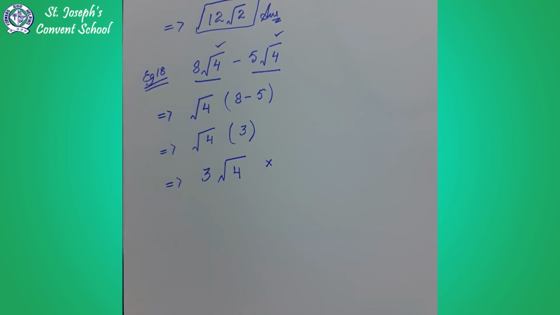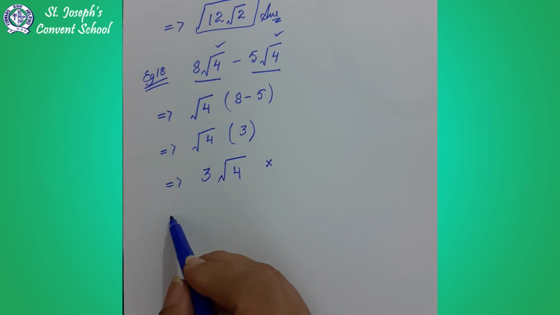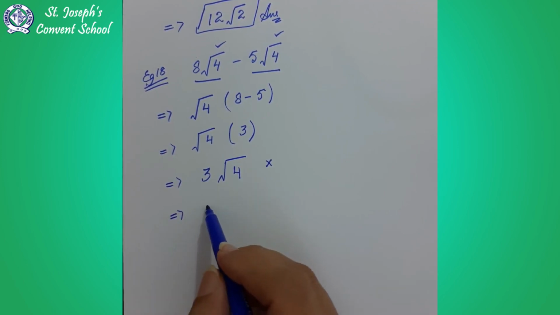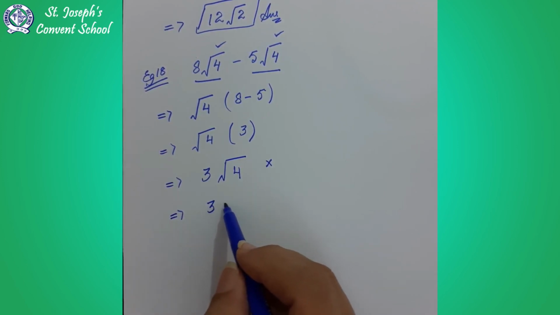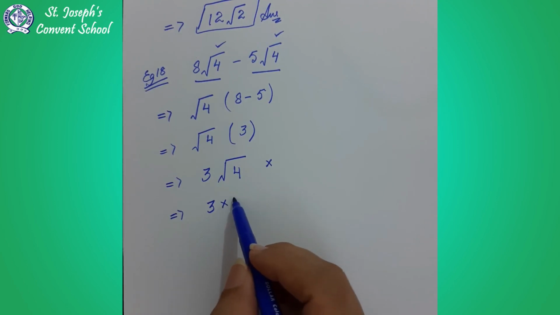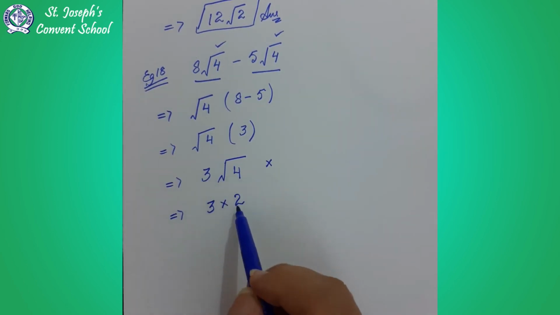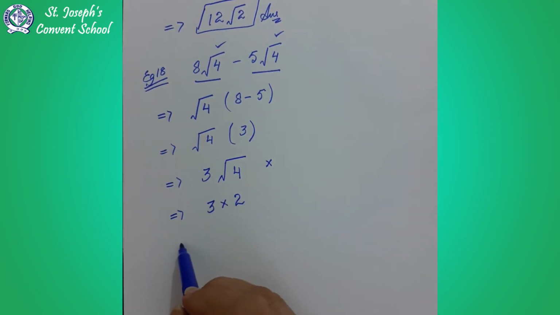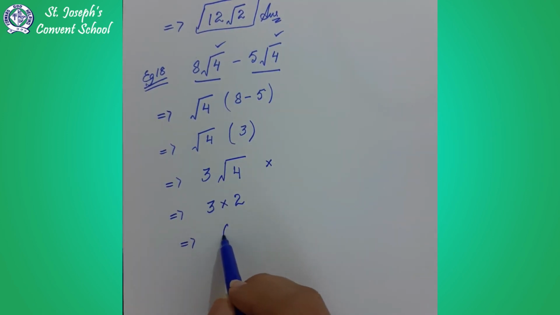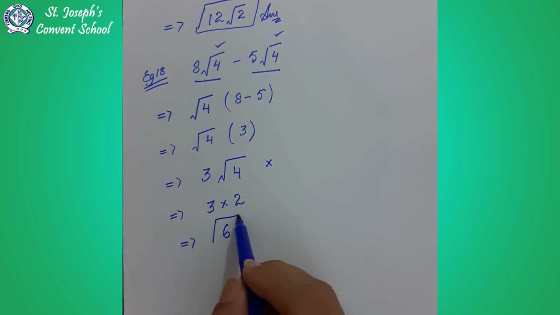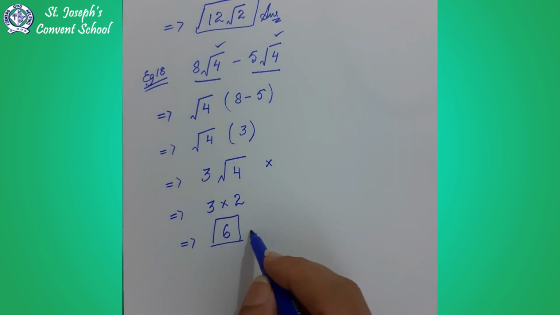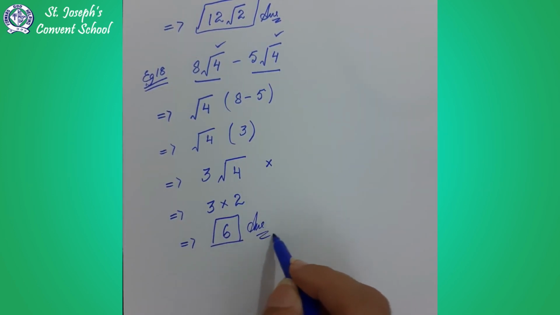Now the root of 4 is possible to find, and you know the root of 4 is 2. So we will multiply 3 and 2. So 3 into 2 is 6. So this is the answer. So you have to check if it is possible to find the root. You find the root and then write the answer.